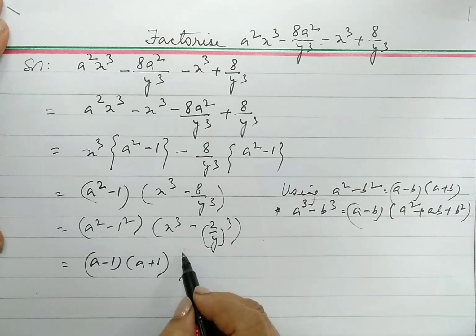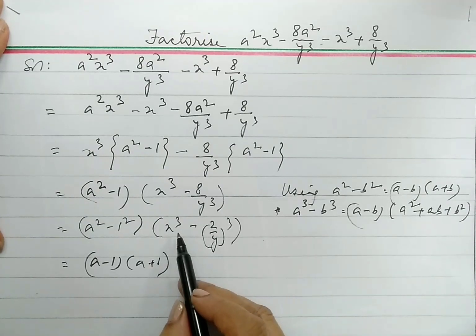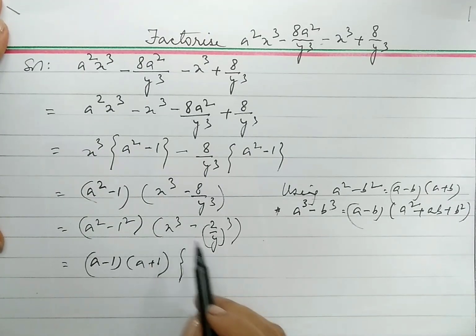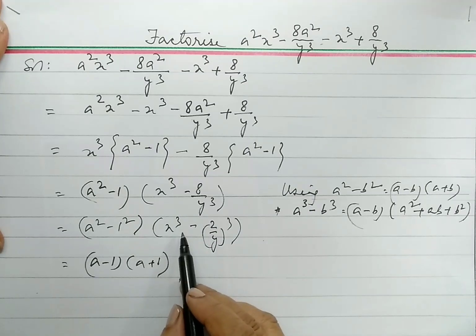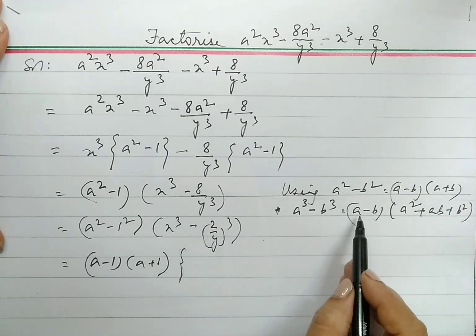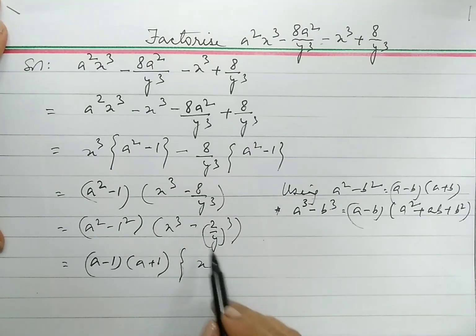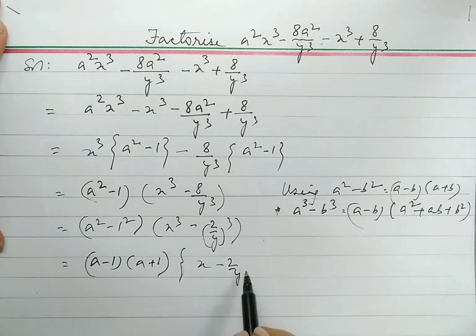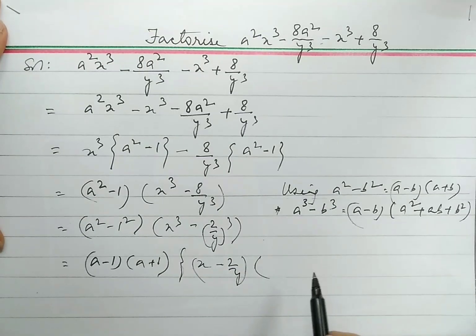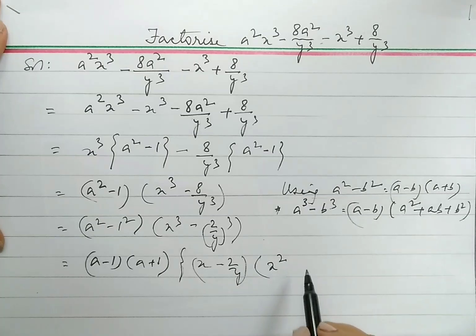Here, what do we have? We have a minus b. So what's our a? X. Simply x. See? A cube, x cube. So a is simply x. Don't get confused, okay? This is my b, so minus 2 upon y. Here, we have a square, which means x to be squared. Alright.